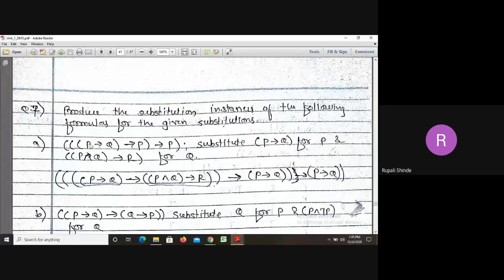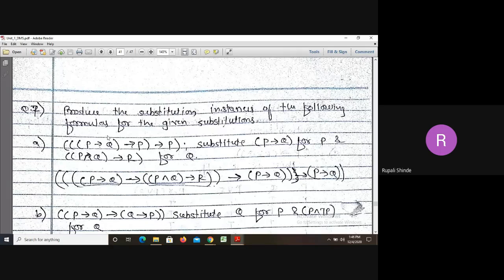The first formula is given as P conditional Q conditional P conditional P, and here they have given substitutions: substitute P conditional Q for P, and P and Q conditional R for Q. So we have to substitute these formulas for variables P and Q.